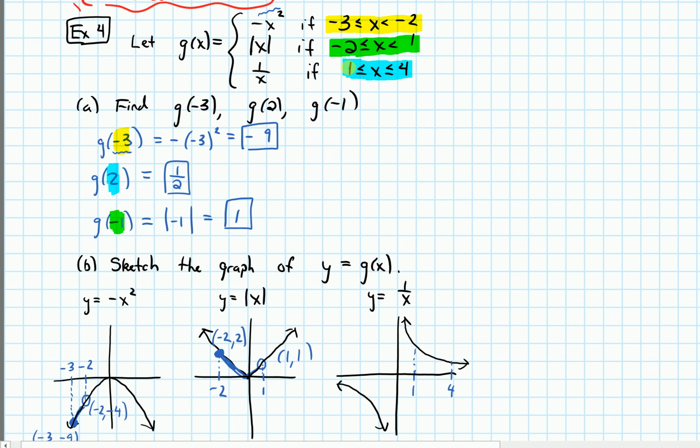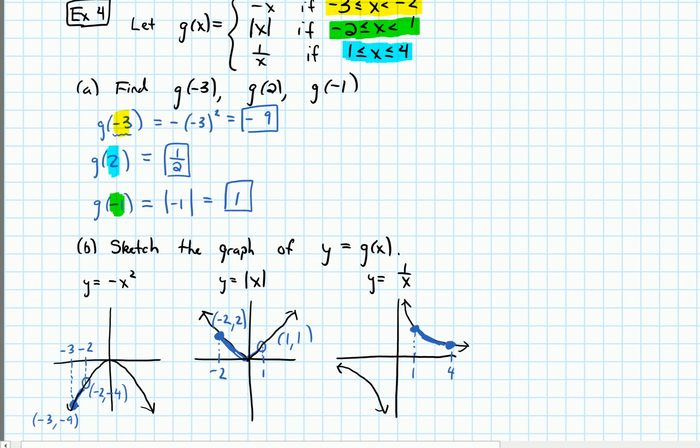When x is 1, there is an equal sign, which means I do include that point, so I put a closed circle. When x is 4, same thing. There's an equal sign, so I include that point and I put a closed circle. And I shade in all those x values between where 1 is and where 4 is, that part of the graph. So now I need to make sort of one combined graph where I take these 3 individual pieces and I put them all together.